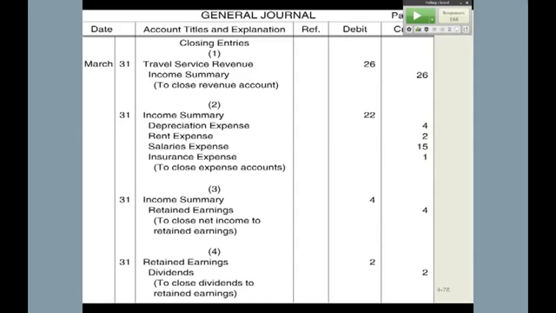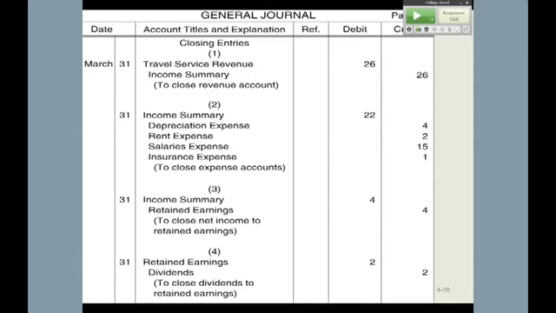We'll credit rent, salaries, and insurance. Those accounts are now all going to be 0. And the balance in income summary at this point should be 4. And if you look at the worksheet again, this is essentially what the income summary account would look like.